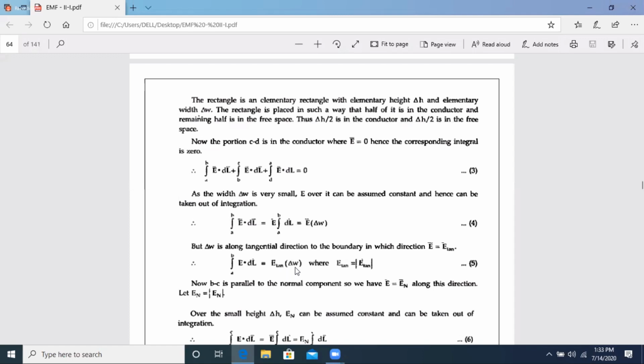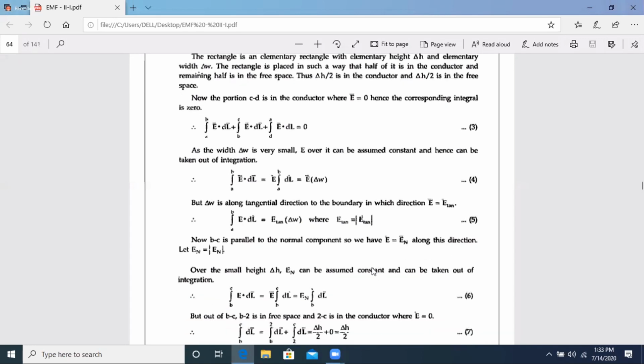So E tangential then delta W, where E tangential is this.